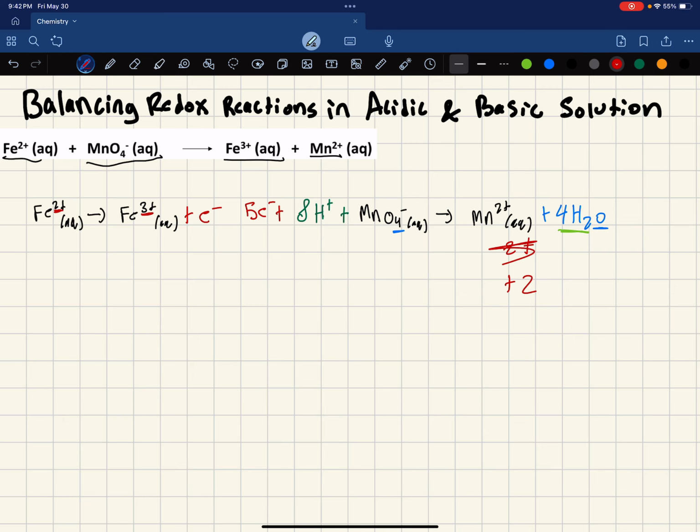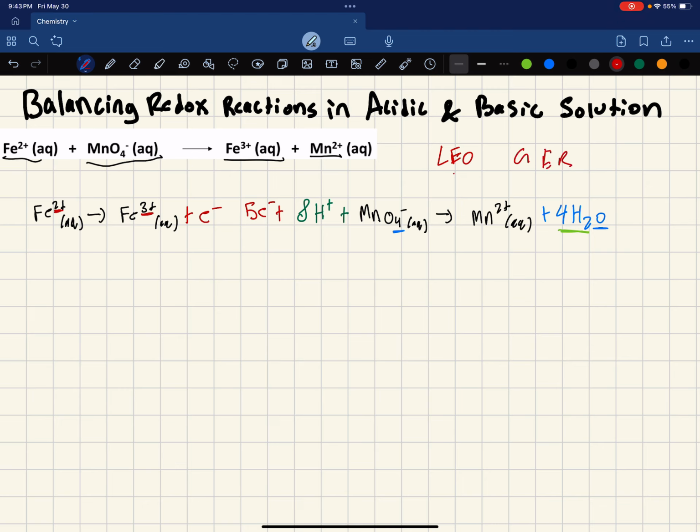And now from just general electrochemical knowledge, which one is reducing, which one is oxidizing? I like to remember, LEO the lion goes GER.